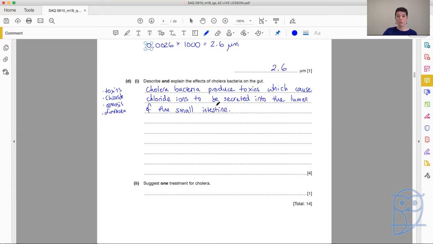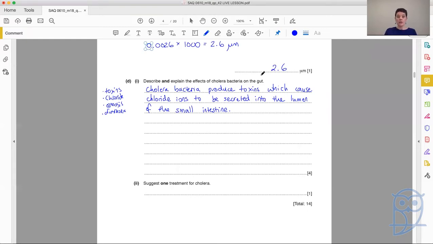Good to mention the small intestine because gut is a general, not very specific term. We want that to be specific. You know, it's all about this small intestine. So they've produced toxins which cause chloride ions to be secreted into the lumen.